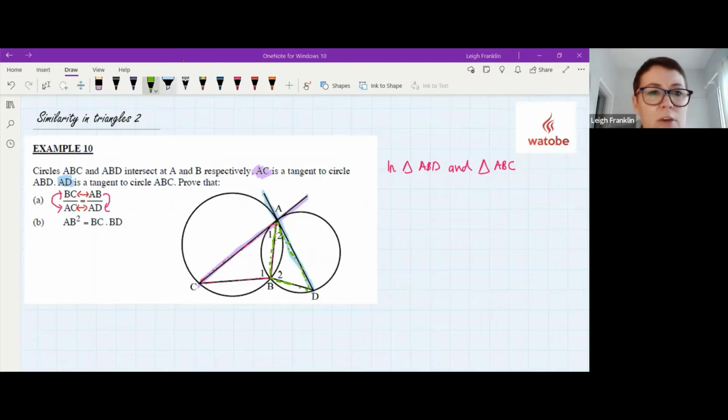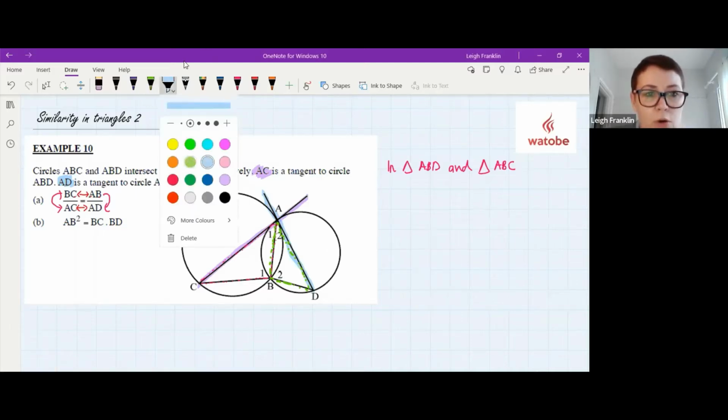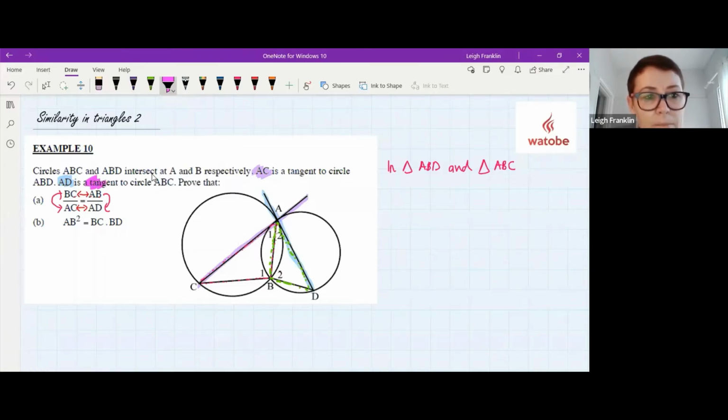So the minute they use the word tangent, what should be popping into your heads is tan chord theorem. Yes? Remember tan chord theorem from grade 11? Okay, so tan chord theorem tells us that the angle between the tangent and a chord is equal to the angle in the alternate segment.